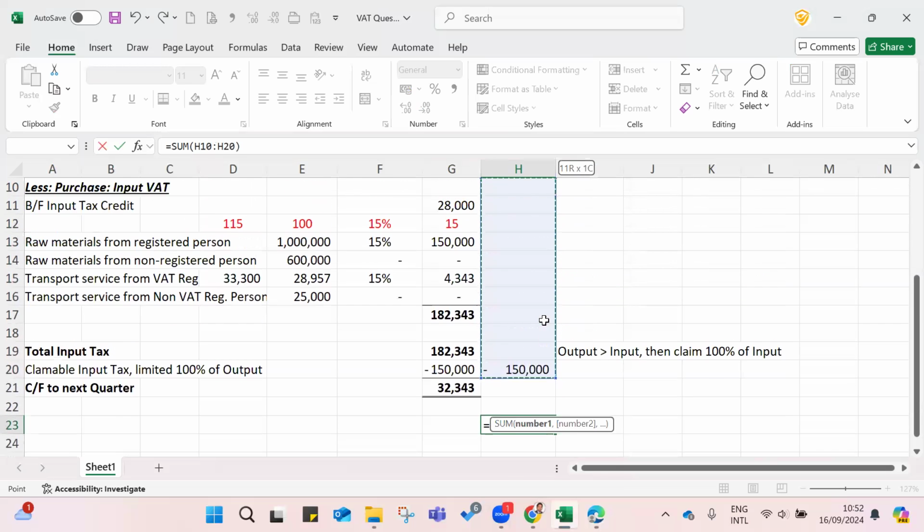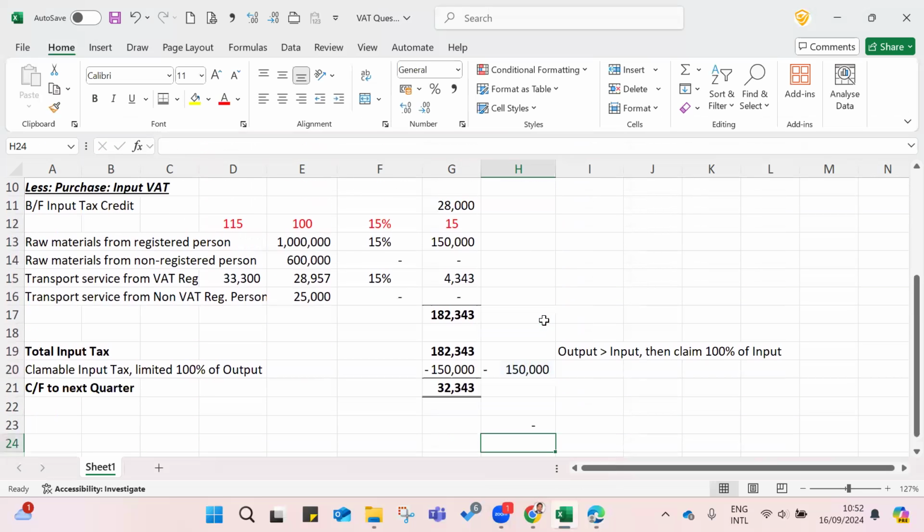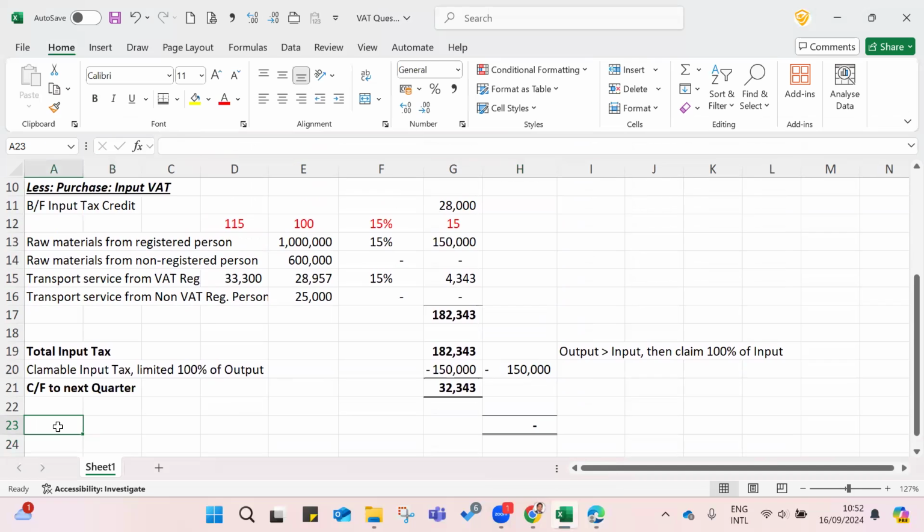How it's calculated is like this. Then the balance VAT payable would be 0. Not for this scenario, I'm just creating an example for you to understand how the carried forward amounts work, right? Balance VAT payable 0.